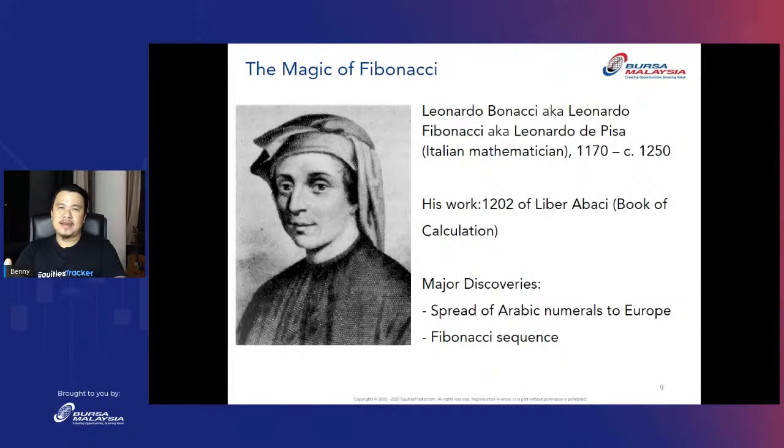Okay, but there are two major discoveries that he made, which have a significant role in today's era, in terms of technology and also mathematics. One of the major discoveries that he made was the use of Arabic numerals. Now, if you still remember during the Roman times how they wrote numbers, right?